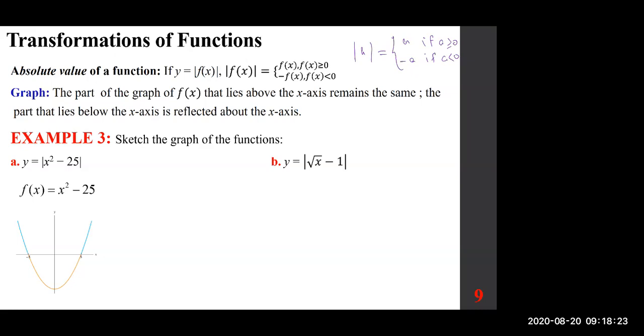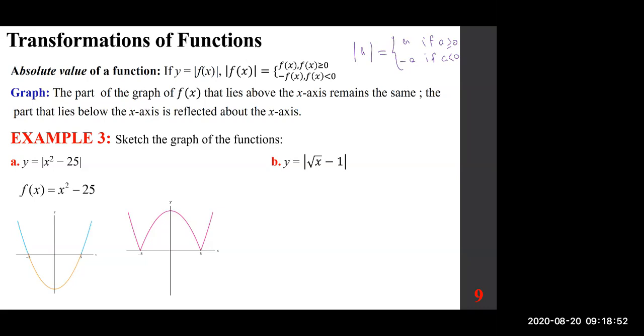The portion below is in yellow. It will flip over with respect to the x-axis. So look at the graph. This is how the graph is going to look like. So how do we graph an absolute value function? Depends which portion is above, which portion is below the x-axis.